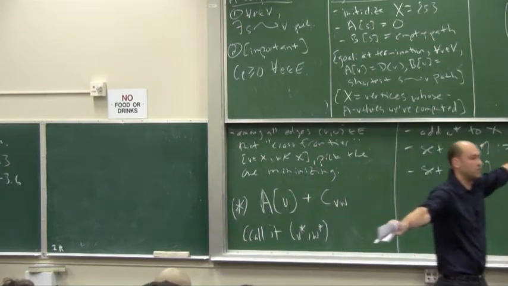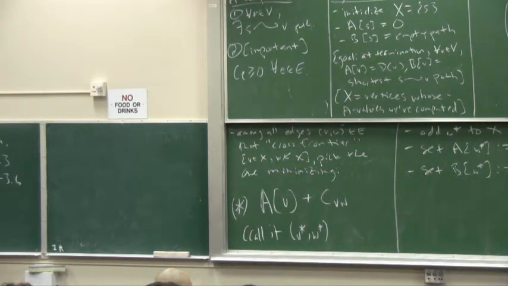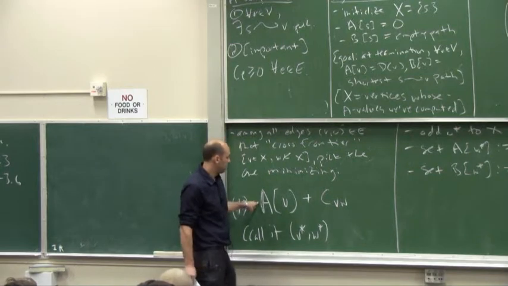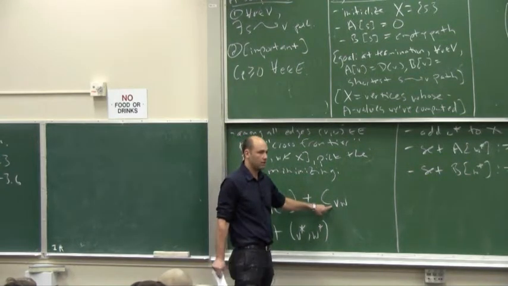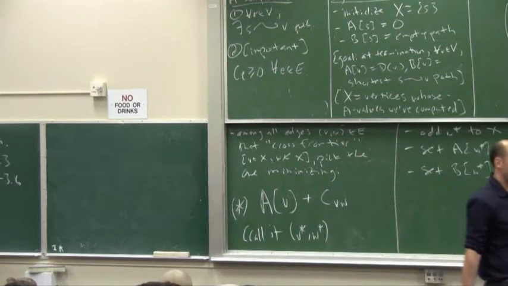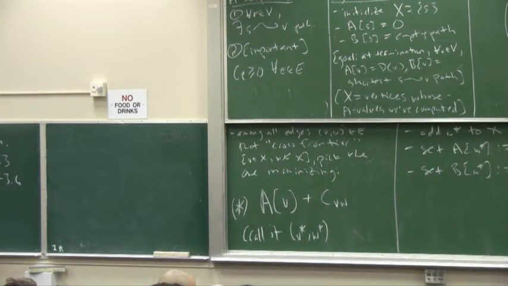Say there's 12 such edges. Conceptually, by brute force, go through the 12 of them and compute this number for each: the A value for the tail plus the cost of that edge itself. So we get a number for each of the 12 edges, and we remember the best, and that's the one V star W star. We remember it, and that's what we use to get X.